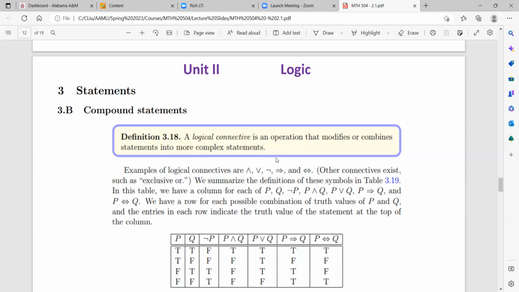All of those operations, the symbols, are logical connectives. It just makes a connection between two or more statements, and it just produces a new statement as a whole. And there are some other connectives.